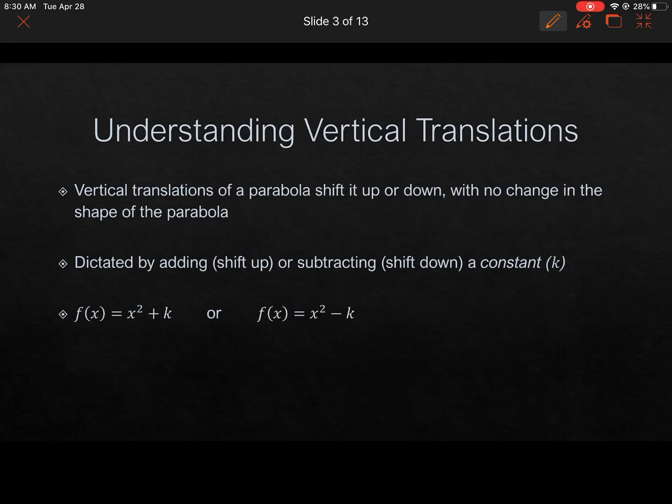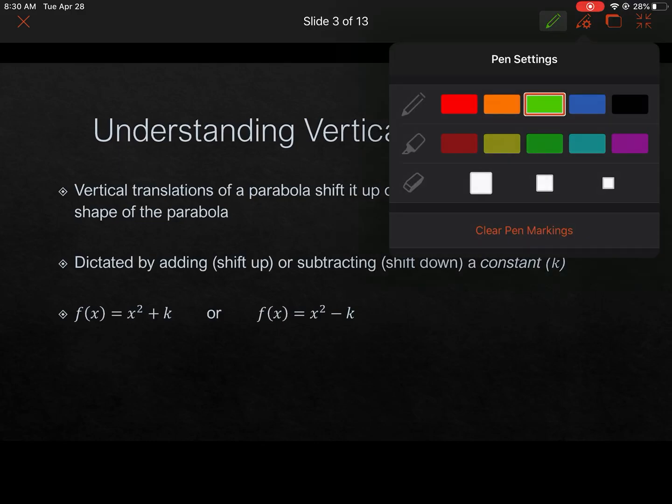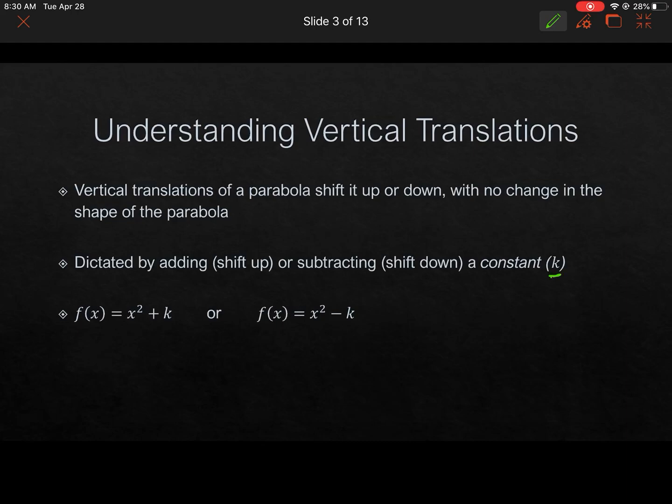All right, so the first thing we're going to deal with is the easiest one. This is the one we've been doing all year. Vertical translations, okay? When it shifts up or down, it is always dictated by that constant. And we're just going to use the parameter k in place of any other letter. Just k is going to be our constant.